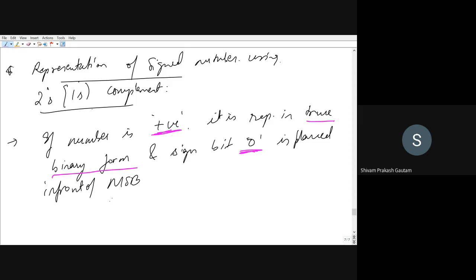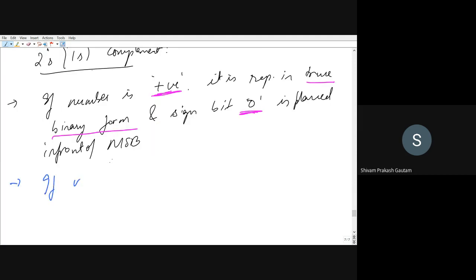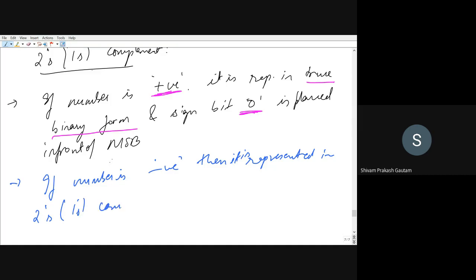Second case, if the number is negative, then it is represented in 2's complement or 1's complement form, and bit 1 is placed in front of the MSB.